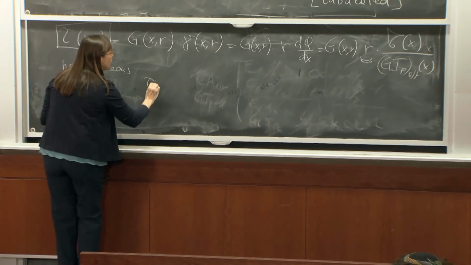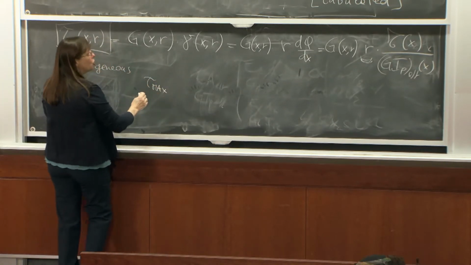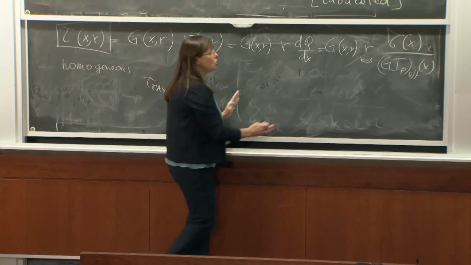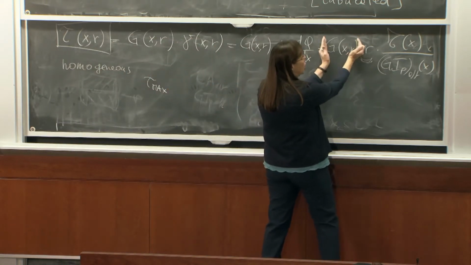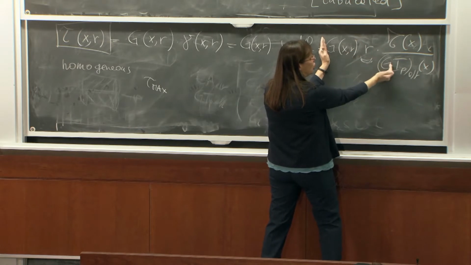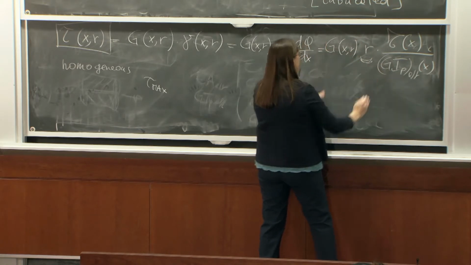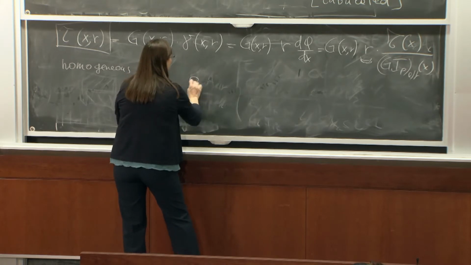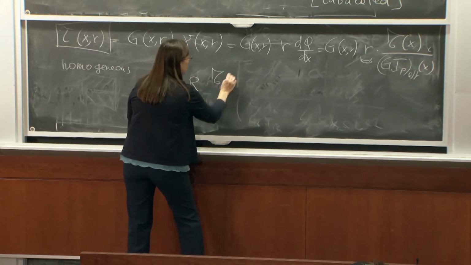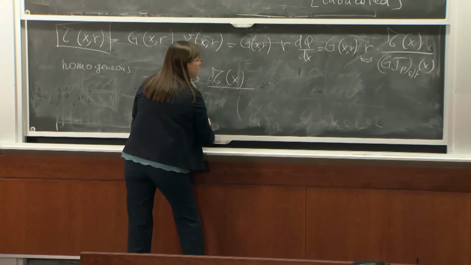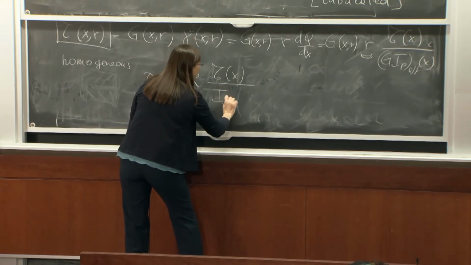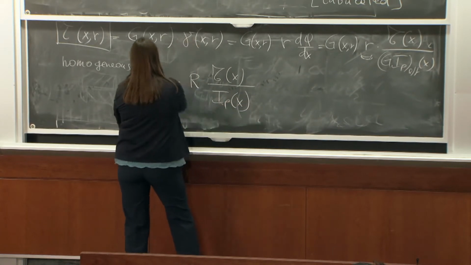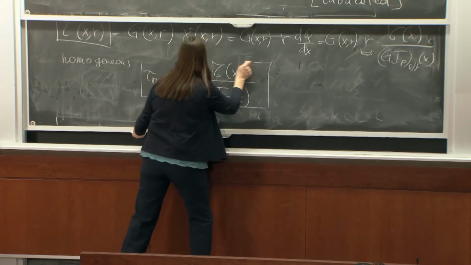So if the shaft is homogeneous, then your tau max is going to be at the outer radius. So if your shaft is homogeneous, G is just a constant. G and G, these are the same G, so they cancel out. So if the shaft is homogeneous, tau max is going to be equal to R times the torque at section X divided by IP of X. So we want this to be small.